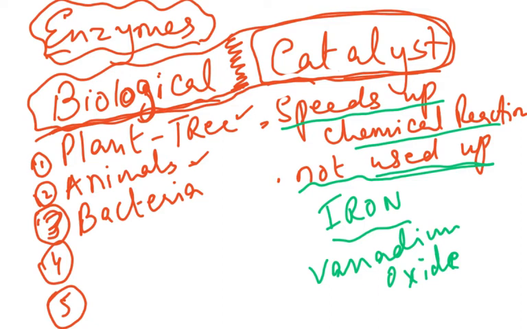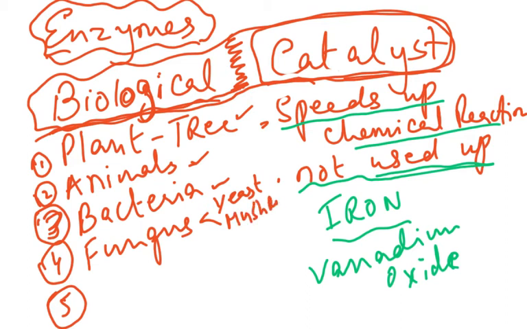They're found in the yogurt that you had for lunch, so bacteria. Then they're found in the mushroom that you had in your pizza, so fungus. Then what about the pizza bread? How was the dough made? The dough had yeast in it. So the yeast, which is a unicellular fungus, and then mushroom, which is a multicellular fungus.